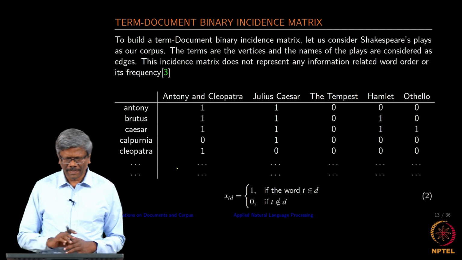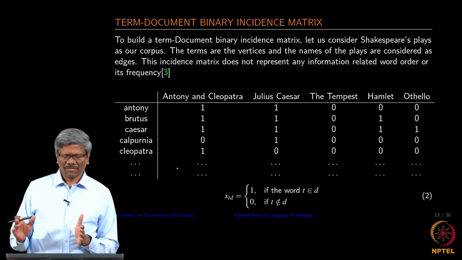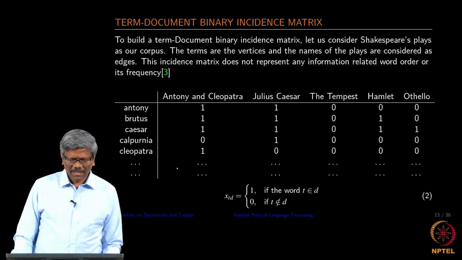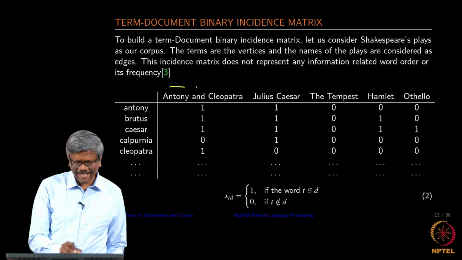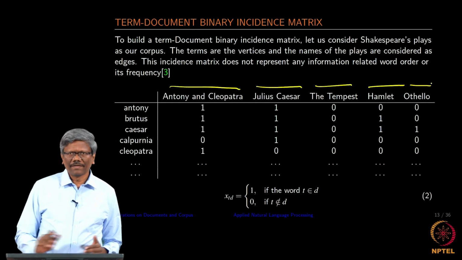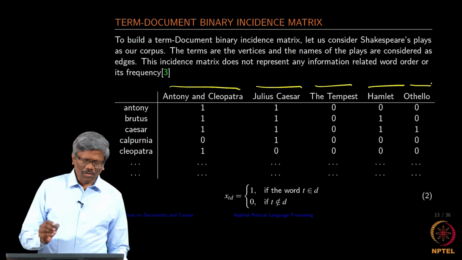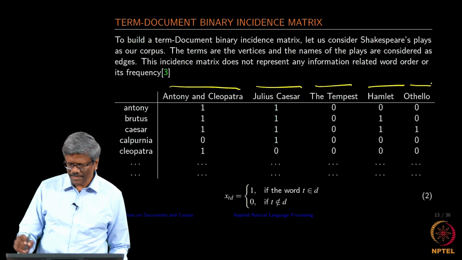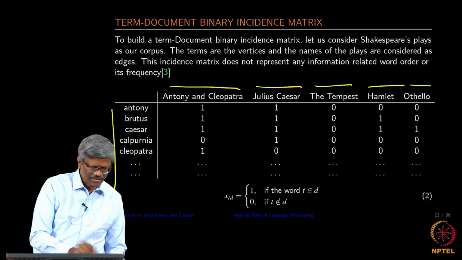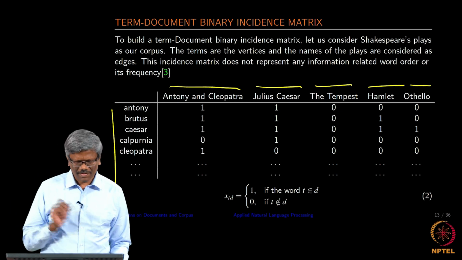Here I have taken Shakespeare plays in particular as my corpus, and I have listed the play names here. I have used a tokenization algorithm and found all the words in all the plays listed, and they are listed along this axis.